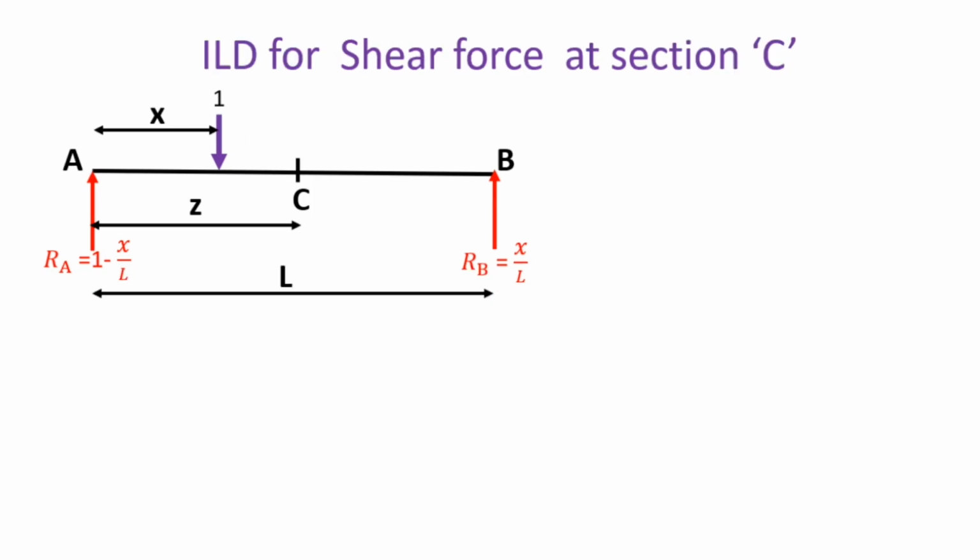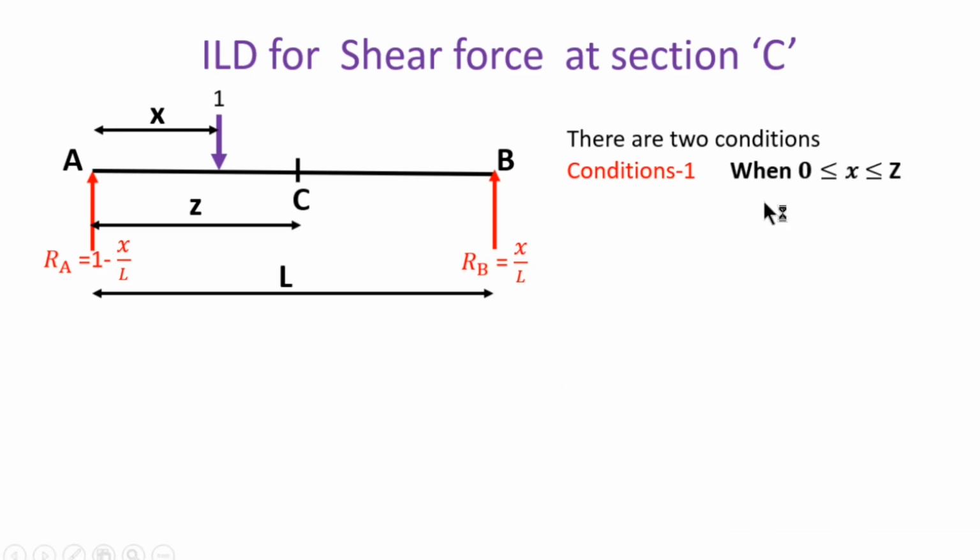Next is the ILD for shear force at a section C. So we have to draw the ILD for the shear force at a section C, which is having distance z from the support A. Now for that there are two conditions. Condition number 1, that is limit x is greater than 0 and less than z.